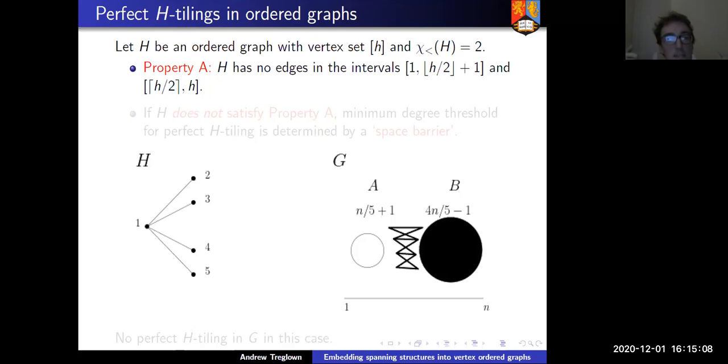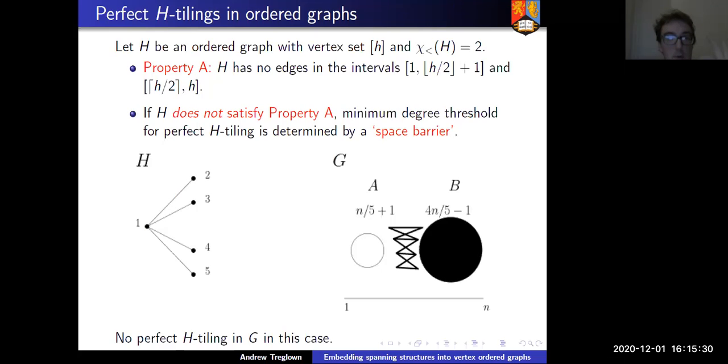So if you've got property A, there are no edges among vertices 1 up to roughly h over 2, nor among h over 2 up to h. So edges jump between these two classes. If you don't have this property, then the minimum degree threshold for a perfect H tiling is determined by another type of space barrier construction.